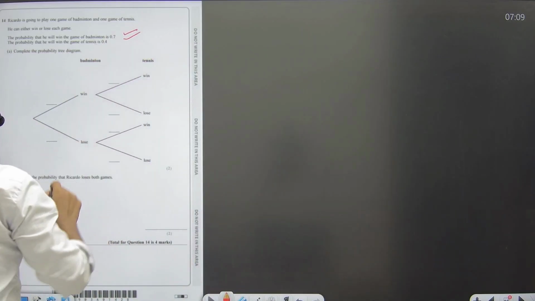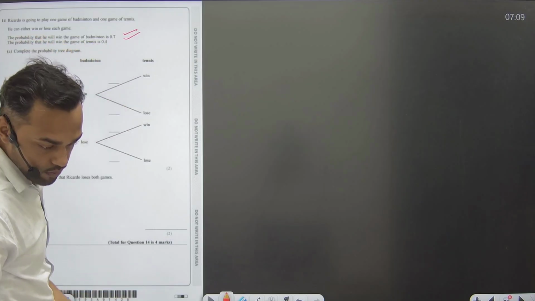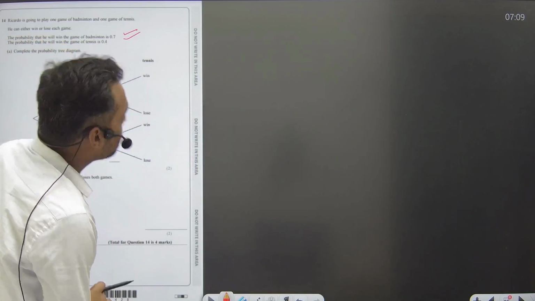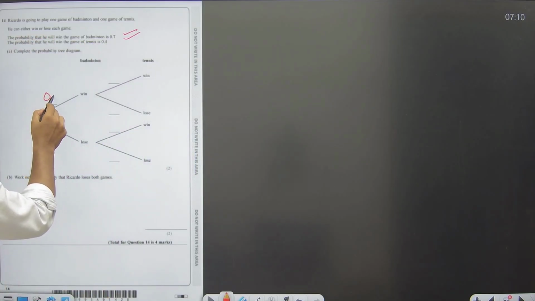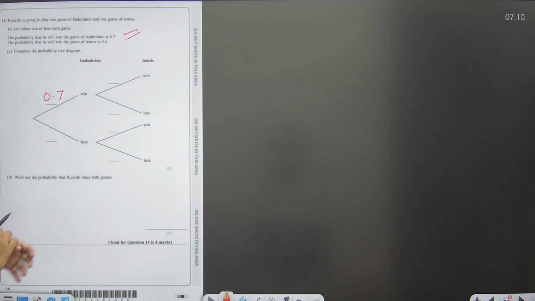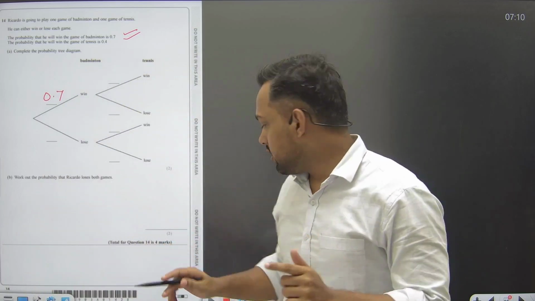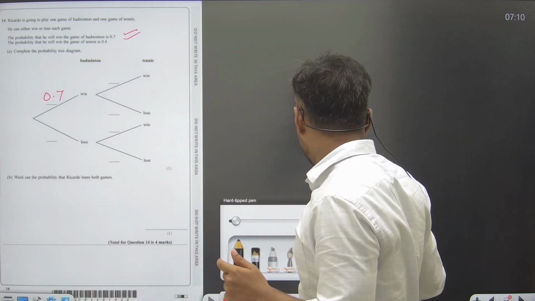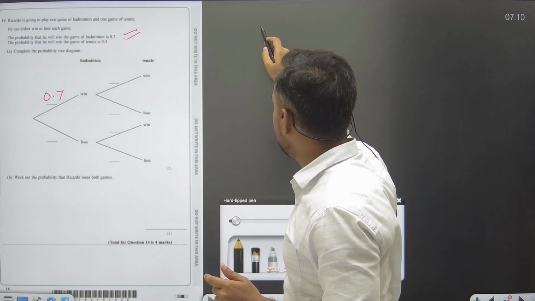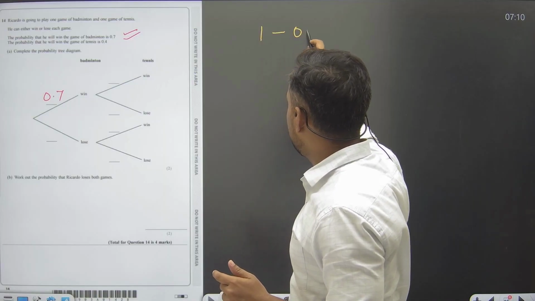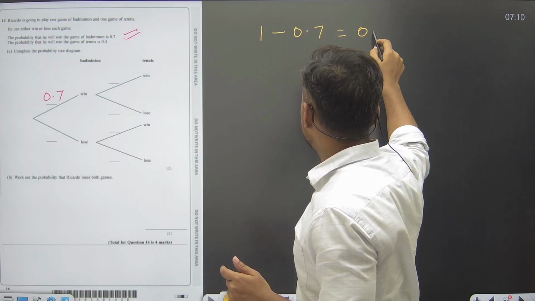The probability that he will win the game of badminton is 0.7. Okay, so 0.7 is the probability of winning the game. So what will be the probability of losing the game of badminton? If the probability of winning is 0.7, then losing will be 1 negative of 0.7, that will be equal to 0.3.